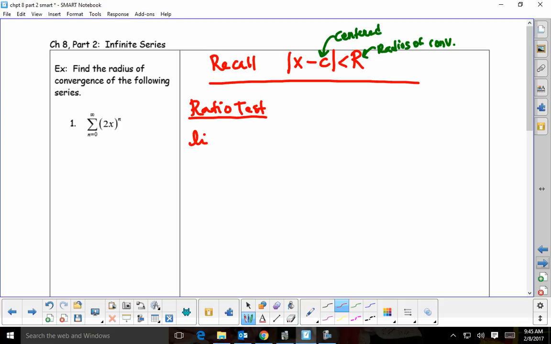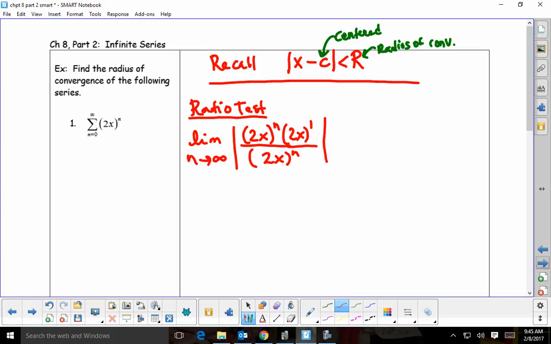So we're going to take the limit as n goes to infinity of a sub n plus 1, which would be 2x to the n plus 1, which I'm just going to say is 2x to the n times 2x to the first, over 2x to the n.